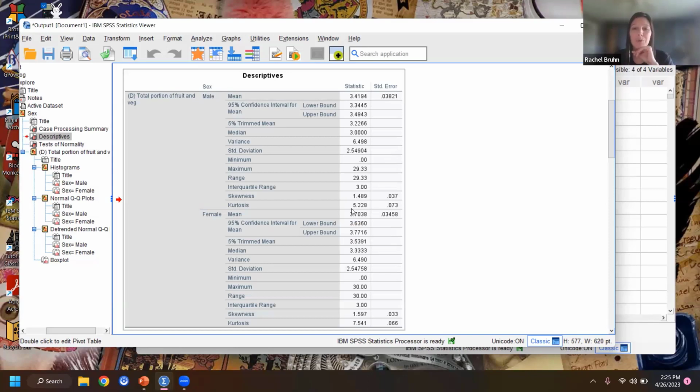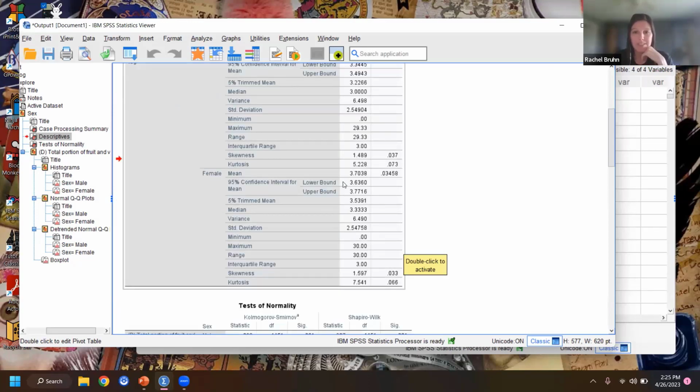And these are both kind of outside of the values that I would hope to see when looking at skewness and kurtosis. And 1, I believe, is what we're looking for in skewness, and 3 for kurtosis, and those are both outside of that. And we can see that for the female distribution as well.